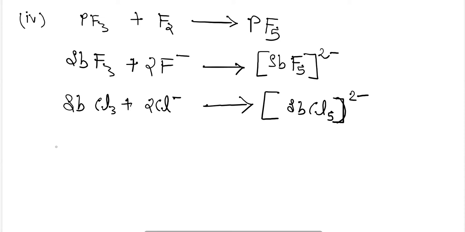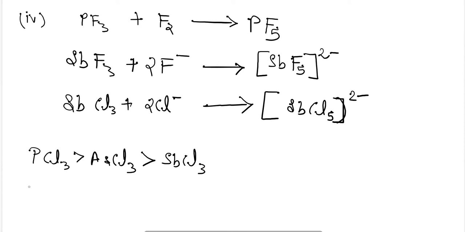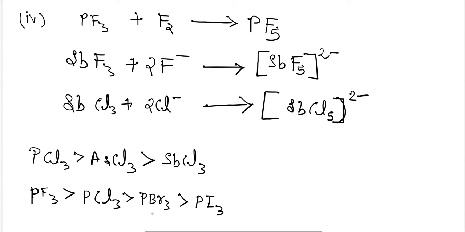The trihalides have Lewis acid nature, and on going down the group, the Lewis acid strength decreases. Similarly, PF3 has higher Lewis acid character in comparison to PCl3, PBr3 and PI3. Let's talk about the next type of halides, that is pentahalides.